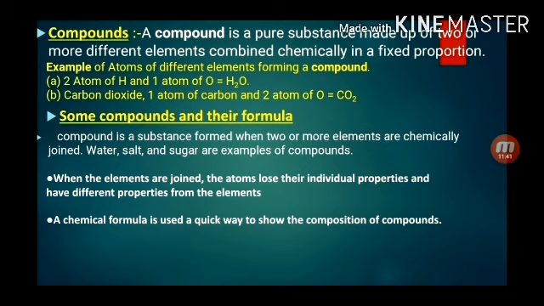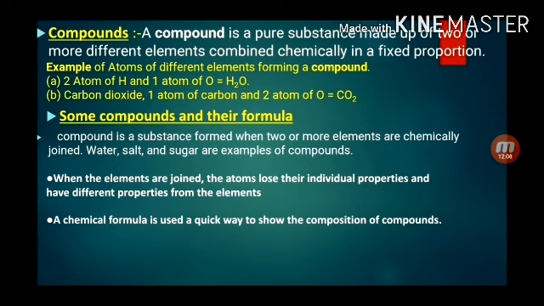Some compounds and their formulas. A compound is a substance formed when two or more elements are chemically joined. Water, salt and sugar are examples of compounds. When elements are joined, the atoms lose their individual properties and have different properties from the elements.